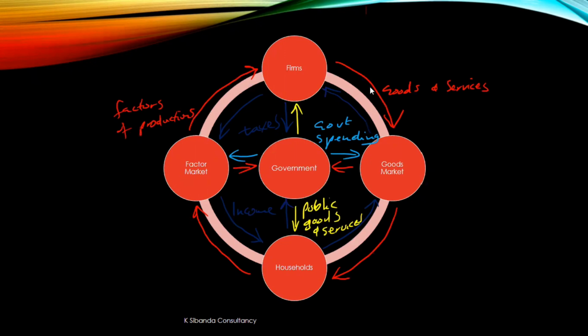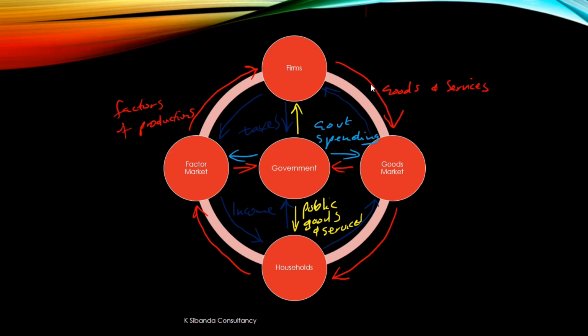Okay, right. So now this diagram gives us a bigger picture with the government now involved. Remember, we said we've got the government, we've got the financial sector, we also have the foreign sector. But now we get introduced to this one at a time, so that at least we see the bigger picture, right?